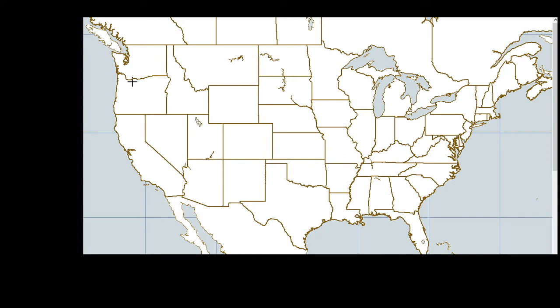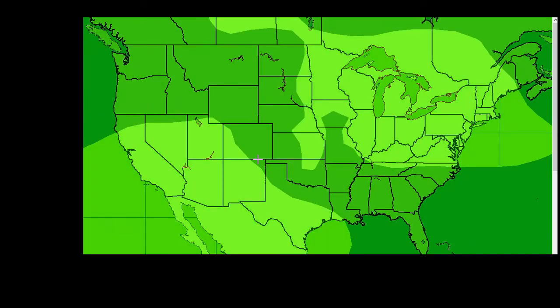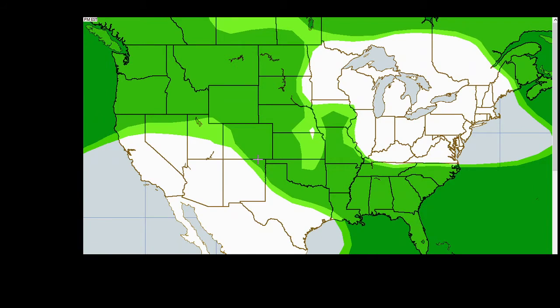All right, so now we can run our script for the 850 millibar. First we're running moisture. All right, so we have significant moisture throughout the United States, pretty much just diagonal.